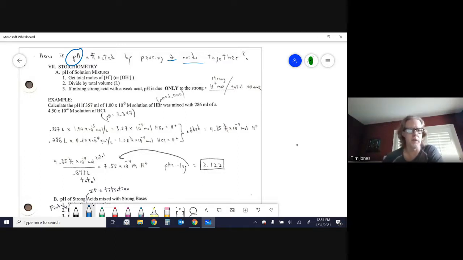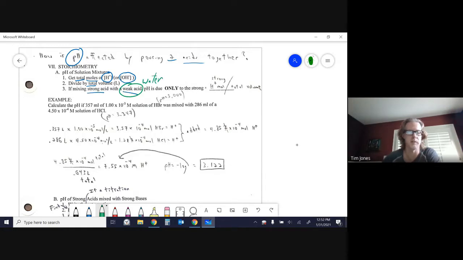What we need to do here is figure out what is your total moles of either H plus, if it's an acid, or hydroxide if it's a base, because you could pour two bases together as well, and then find your total volume and then divide by that. Now, I mentioned if you mix a strong acid with a weak acid, you can essentially think of this weak acid as just water.